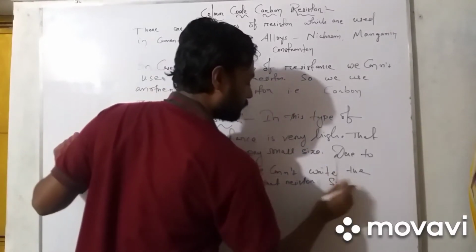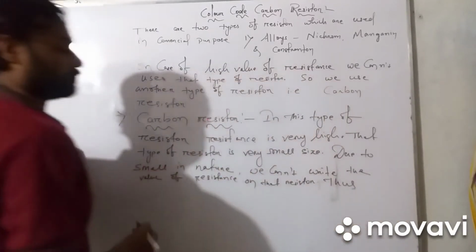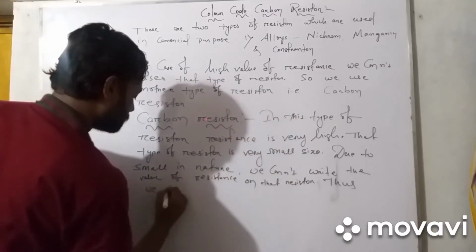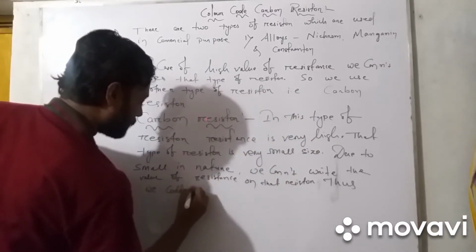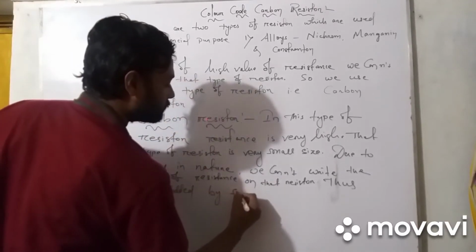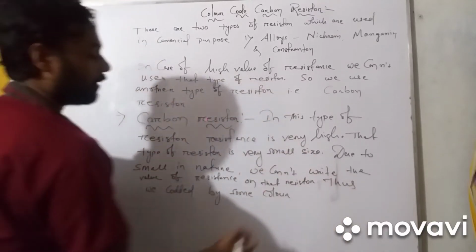So we code it by some colors on that resistor.